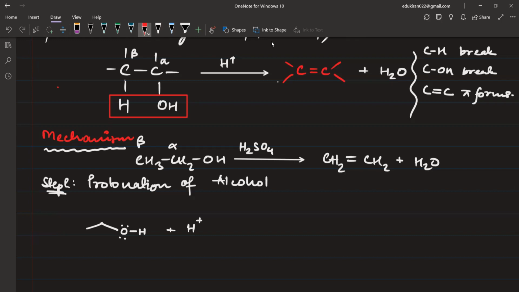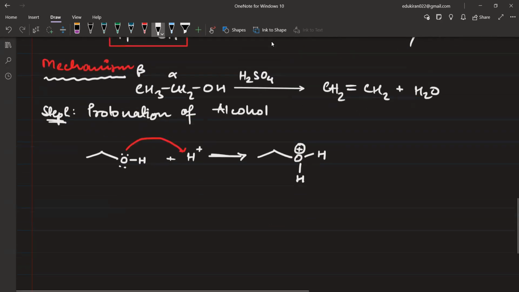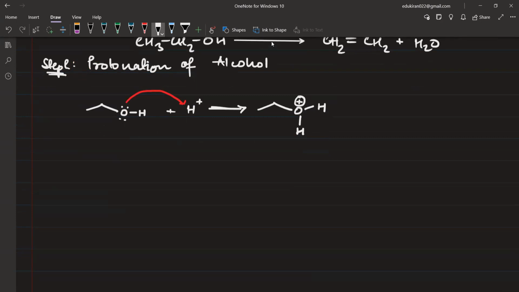Now we have the electron source, the oxygen lone pair electrons. It is going to attack the H plus, leading to formation of 2 OH bonds and a positive charge on the oxygen atom. The next step is the formation of carbocation. Right, next, step 2.